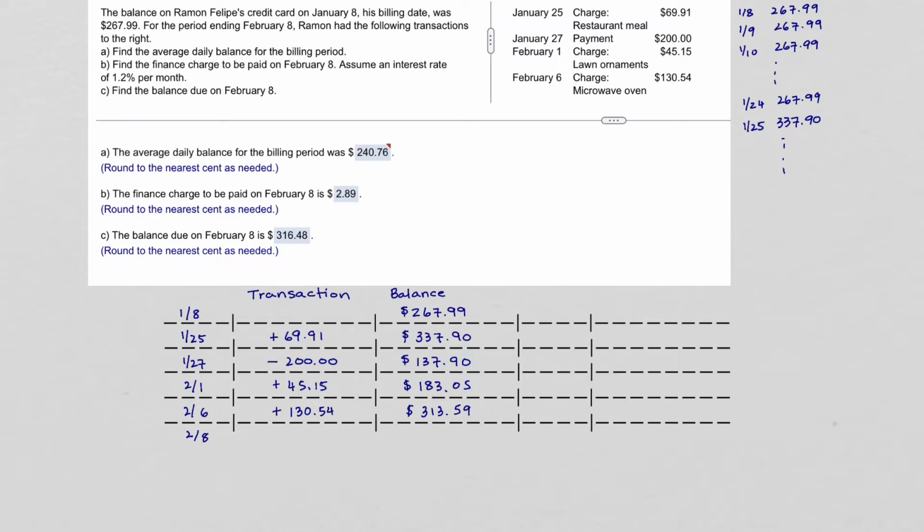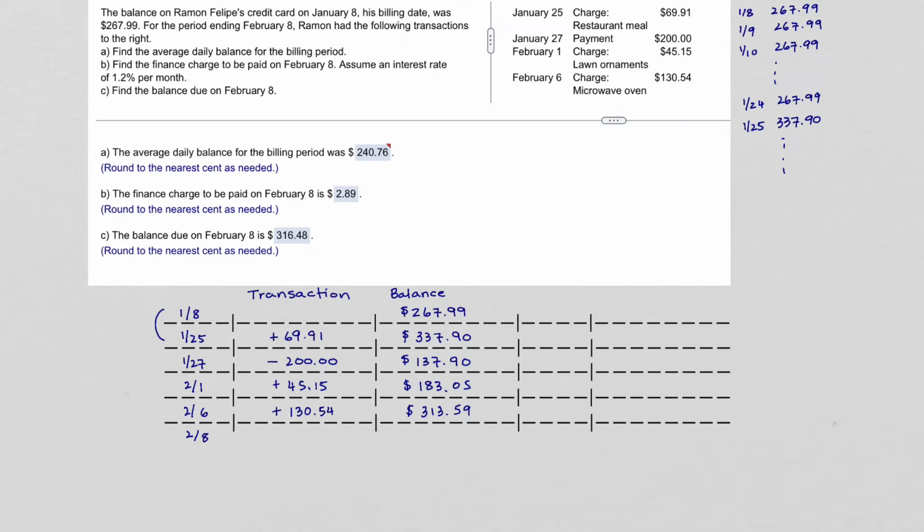So we don't want to list all those out. That's a lot of writing, and it would be a lot of computation in order to figure out the average daily balance. So what we're going to do instead to make this go a little quicker is look at the day that we started on and the day that we change our balance. So from the 8th to the 25th, that is 17 days.